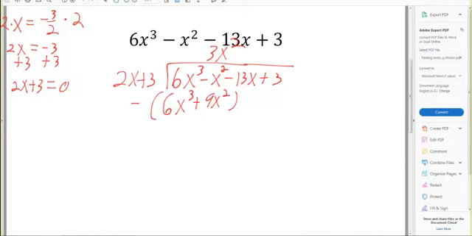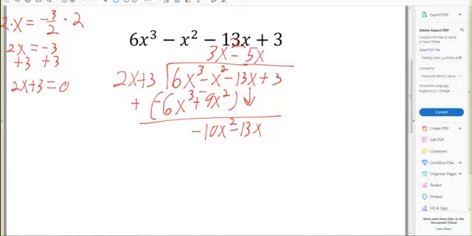We'll subtract this, so I'm going to put the minus sign on the outside to remind me to change the symbols. Bring it down, we get negative 10x squared. Bring down negative 13x. We are then going to ask ourselves 2x times what equals negative 10x squared. That would be negative 5x.